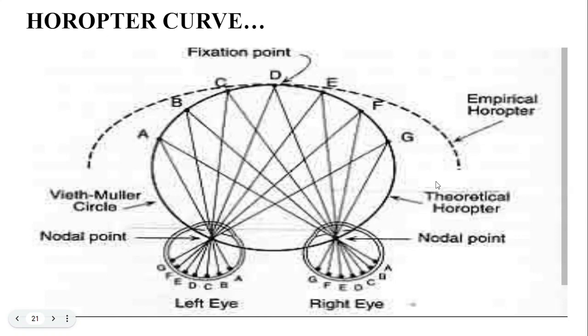However, empirical studies by Hering and Hillebrand showed that the Müller circle does not accurately describe the longitudinal horopter in practice. The empirical horopter curve is flatter than the Müller circle and has a more complex shape.